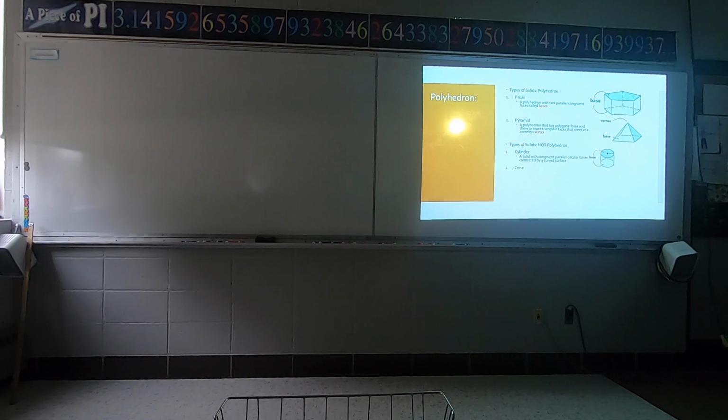Next, a cone. A cone is a type of non-polyhedra where it's got a circular base and a curved surface that connects it. And that's the hardest part. Let me show you a picture of it, right? Here's your cone.